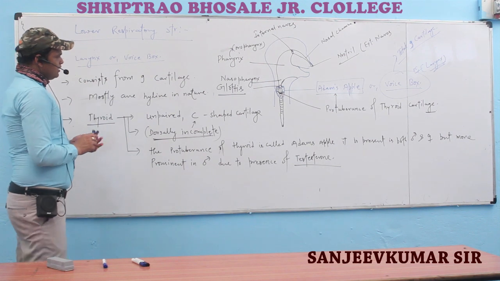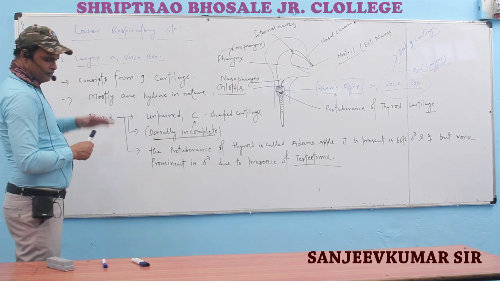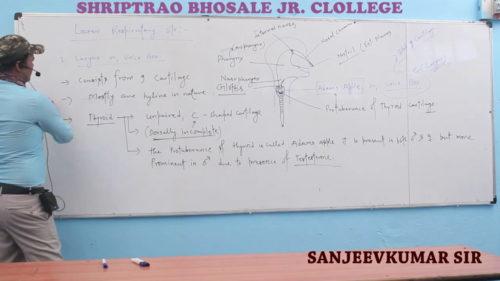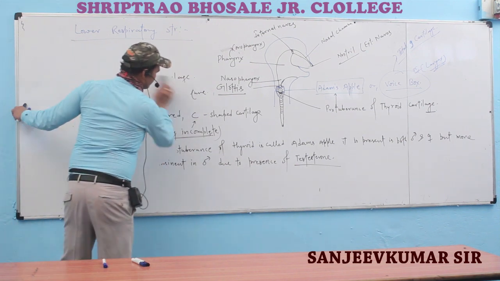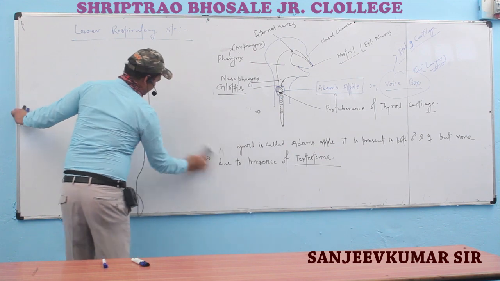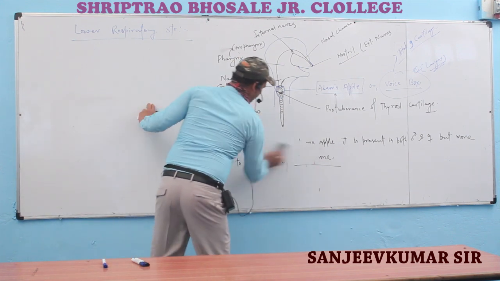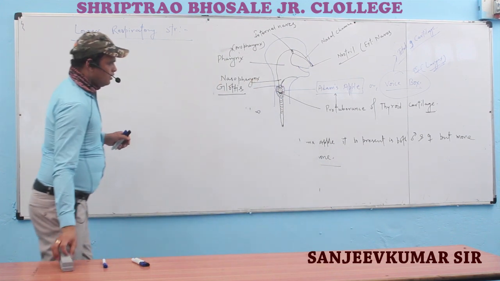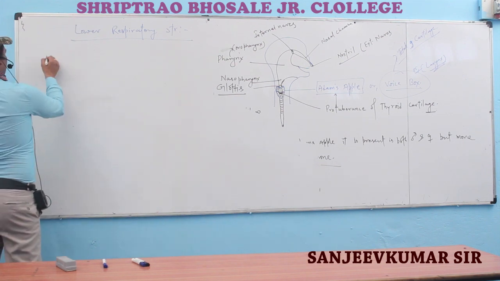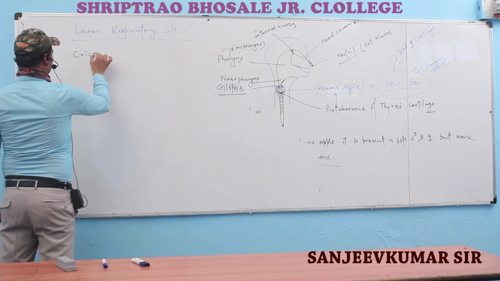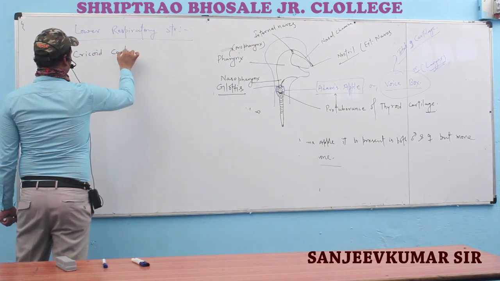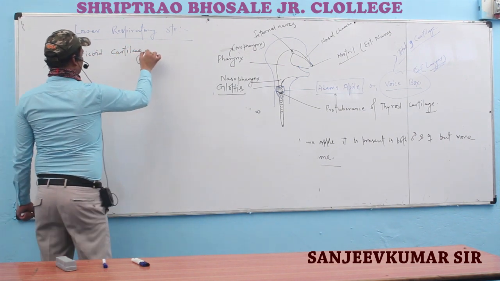So these are some of the cartilages. Thyroid. Second, the cricoid cartilage.